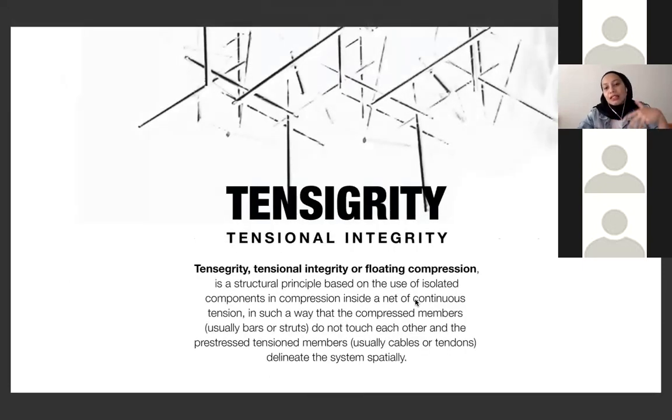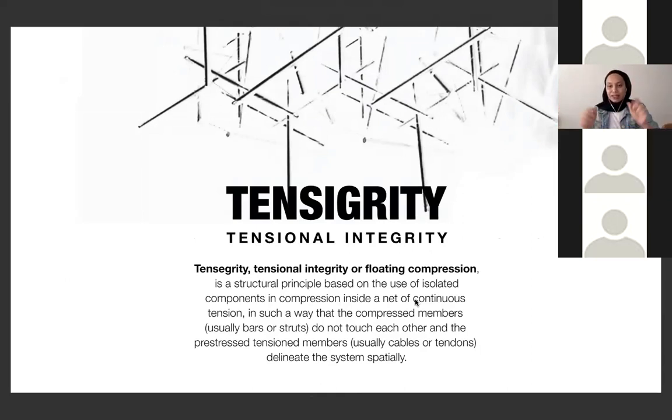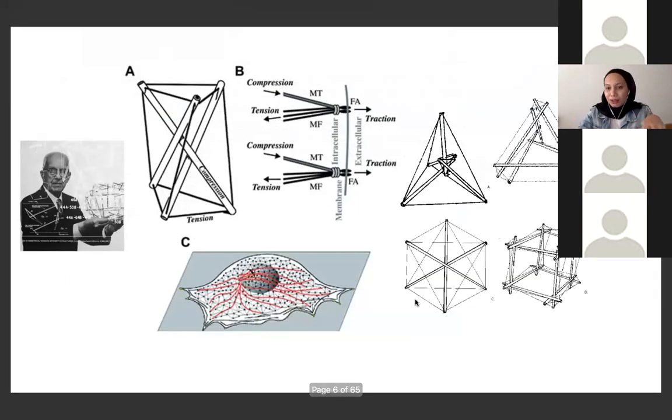Tensegrity is actually tensional integrity, meaning you have a series of structures built on a floating compression system. It's a floating structure that is being tied together by tensile forces. So I'll show you how it works. It's kind of interesting.